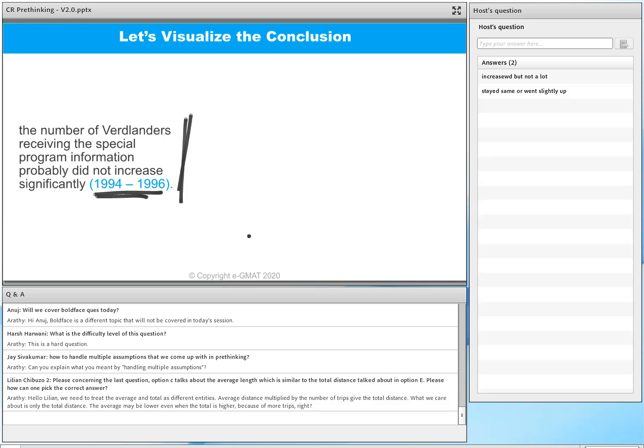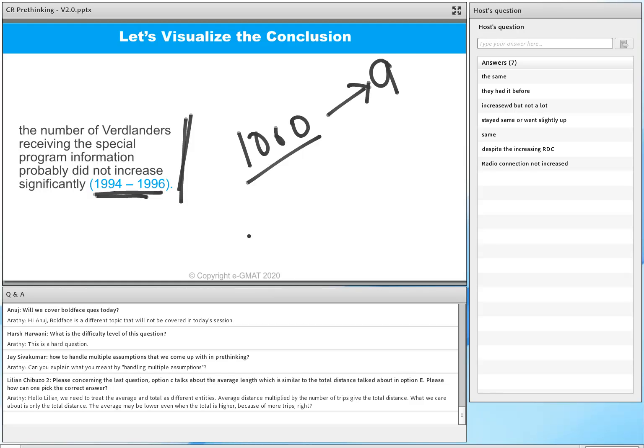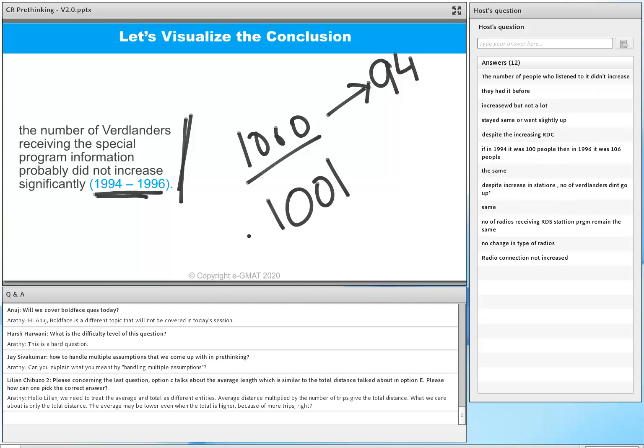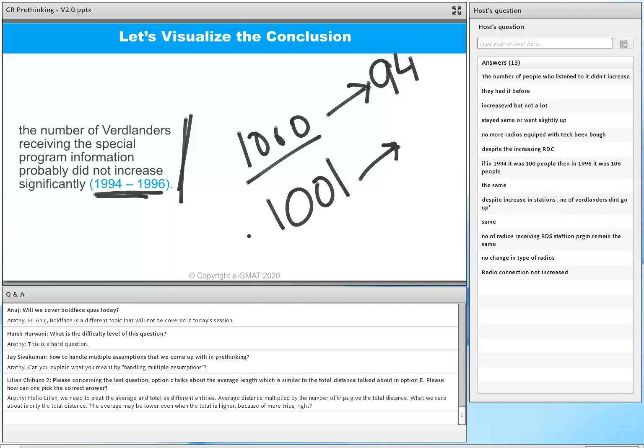So visualization goes to that next level. What it's saying is if there were 1,000 Erlanders in 1994, and you can really see this is a radio question, it's an old question, then more or less it's going to be 1,000 Erlanders, it could be 1,010 in 96 as well. Right?